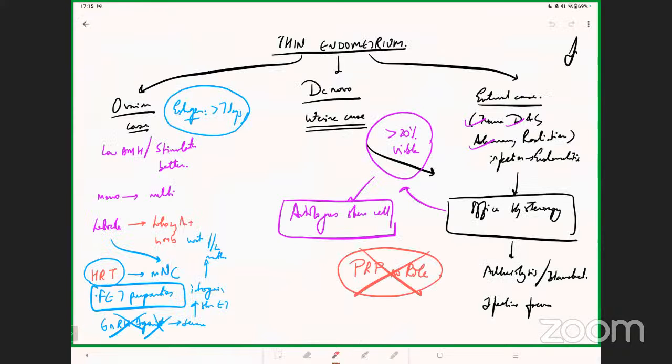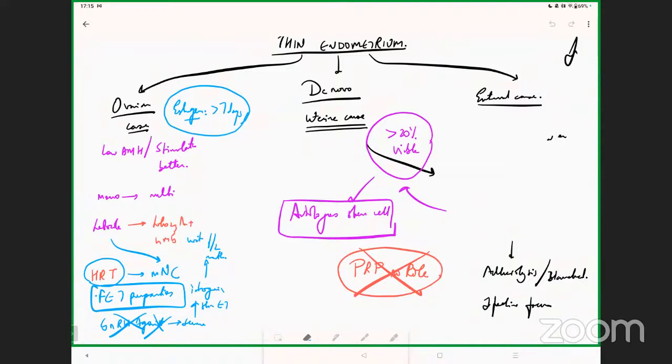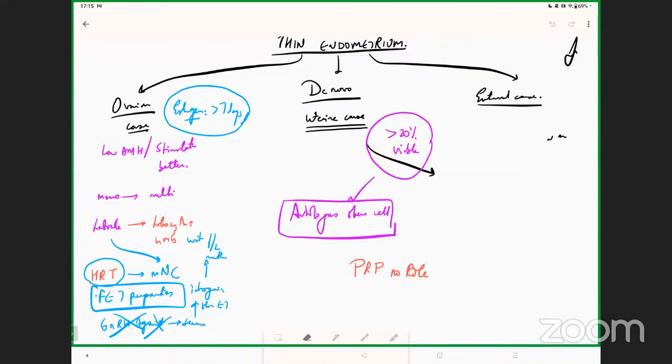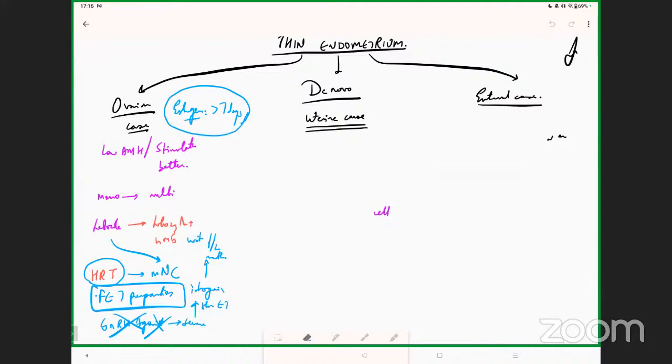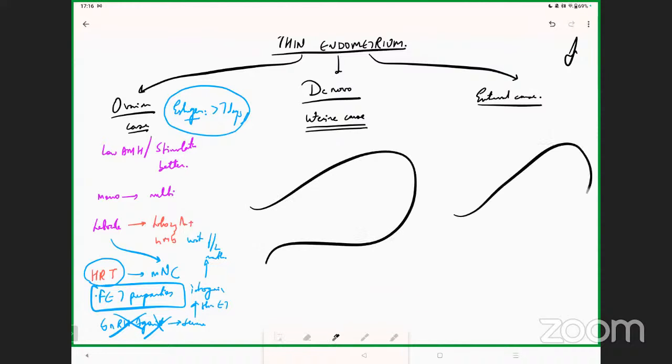But in that thin endometrium, I just wanted to mention to people that when you try to put autologous stem cells, I'll just show you the cavity. See, what you should keep in mind is this. If it is an external cause, and if I draw the uterus for you, this is the endometrium.